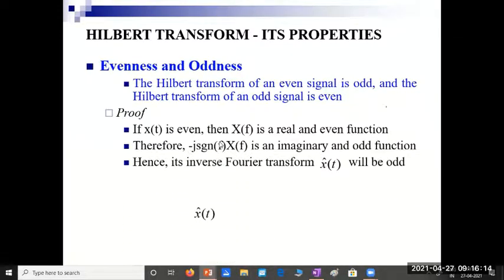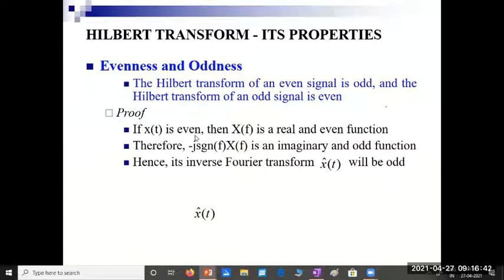So if I find the inverse Fourier transform of x cap of f, it is x cap of t. Naturally, if x cap of f is odd, x cap of t will also be odd. So have we proved the requirement? We said the Hilbert transform of an even function turns out to be odd, which is what we have shown.